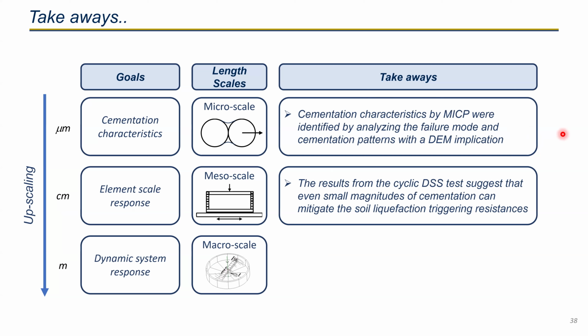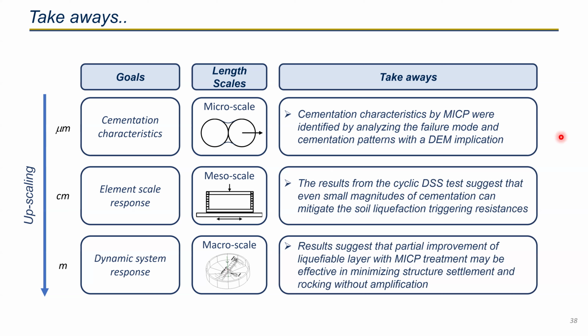And for the element scale test, we got the result from the cyclic DSS test, and that suggests that even small magnitudes of cementation can improve the soil liquefaction triggering resistance. And from the system level scale test, we found that the partial improvement of the liquefiable layer with MICP treatments may be effective in minimizing the structure settlement and rocking without any amplification.